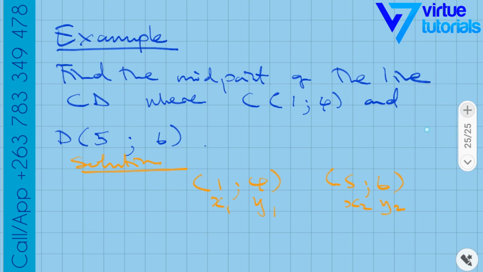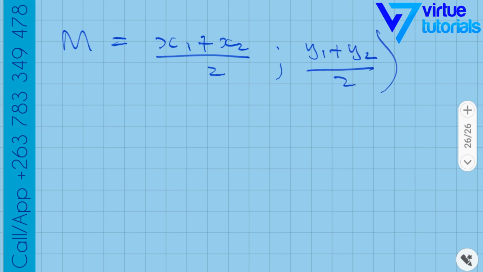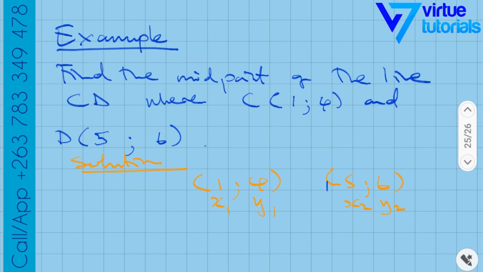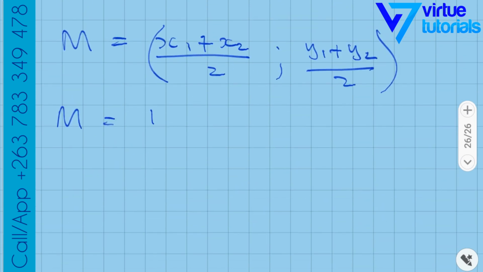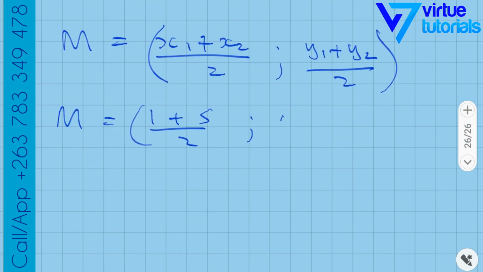Our midpoint is going to be x1 plus x2 divided by 2, then y1 plus y2 divided by 2. So our midpoint will have our x value 1 plus 5 divided by 2, and our y value 4 plus 6 divided by 2.